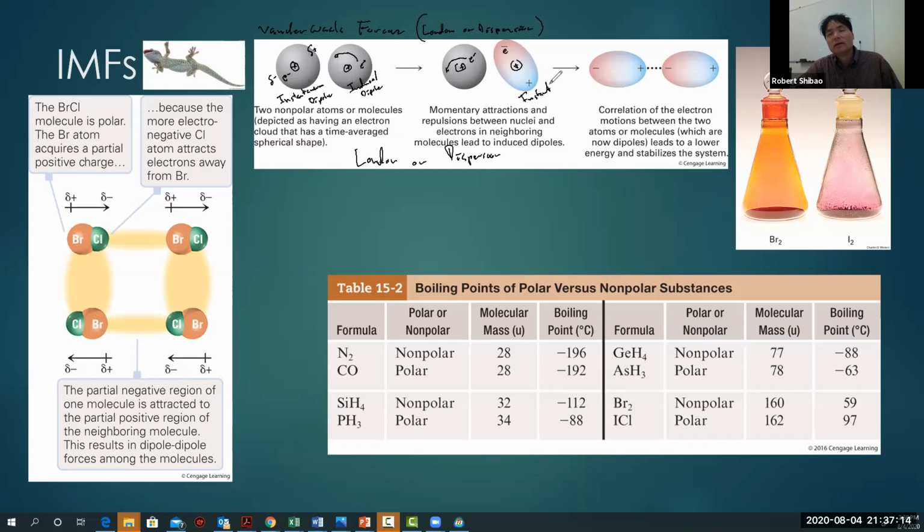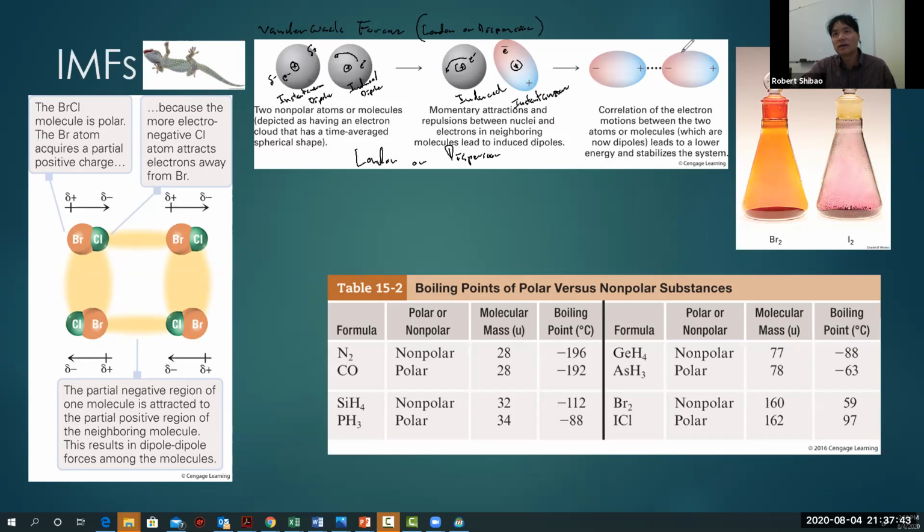So this is instantaneous, the electron just moved over there, and then this is induced. It doesn't live very long because pretty soon the electron is going to move again. Electrons are always moving.